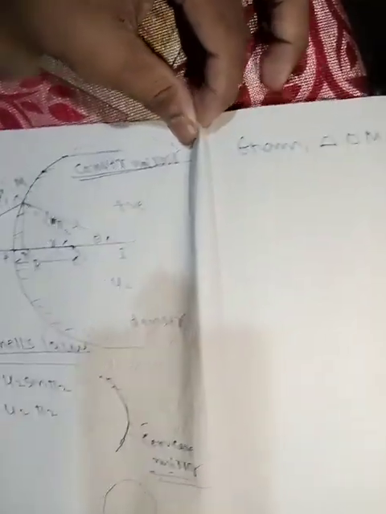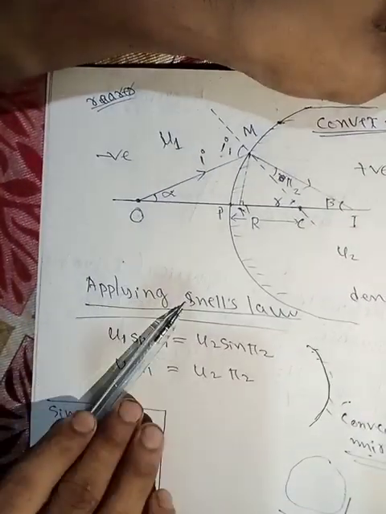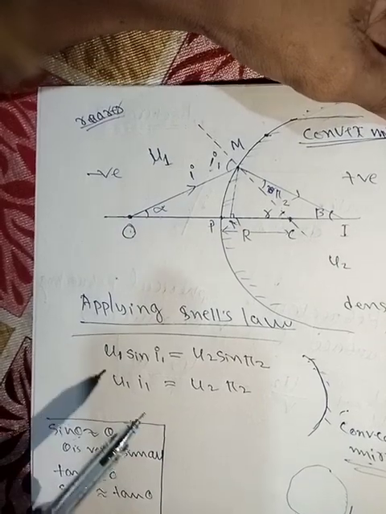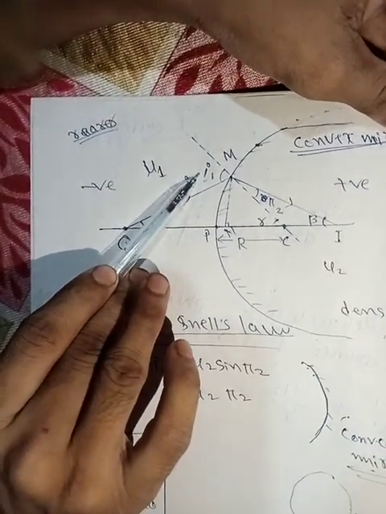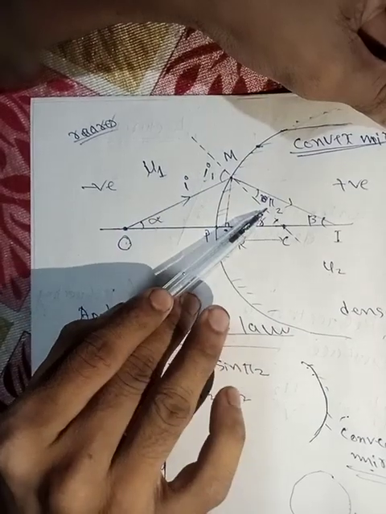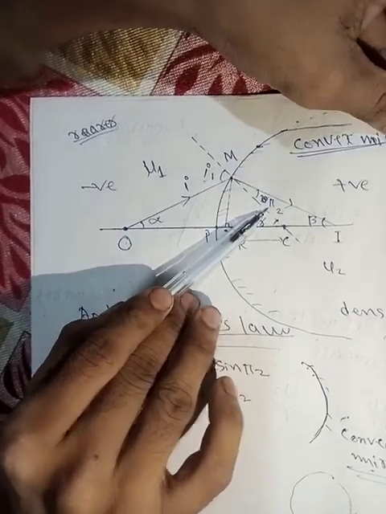Here our main target is, first, to find Snell's law, and second, we need to find I1 and then R2.